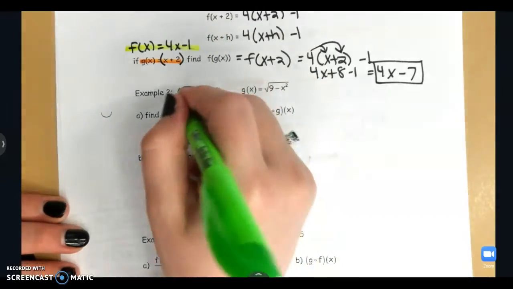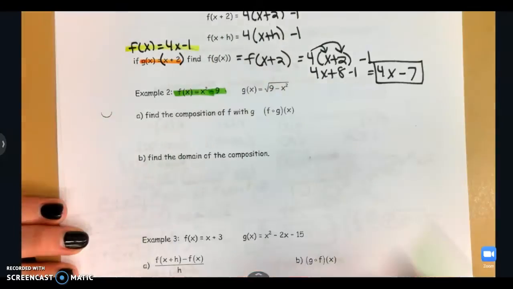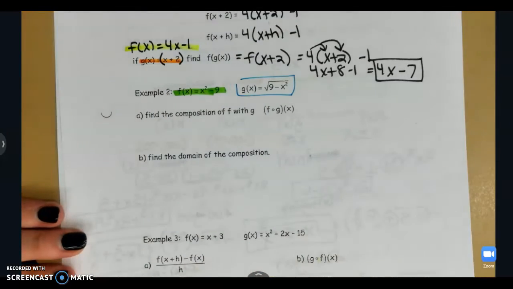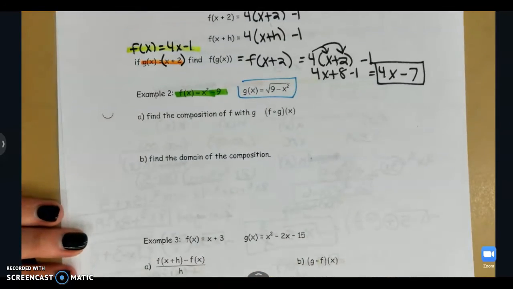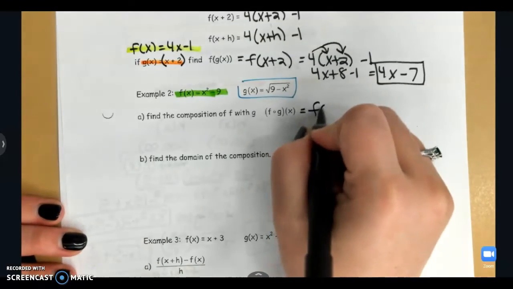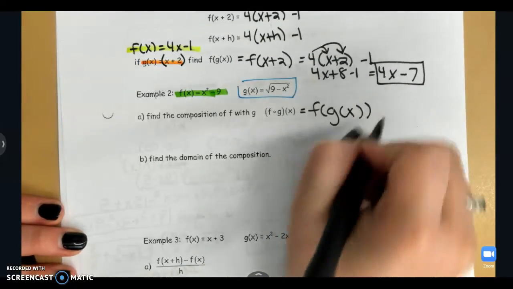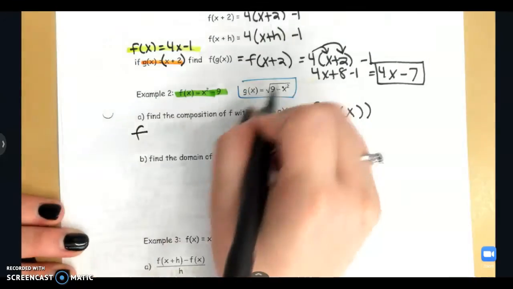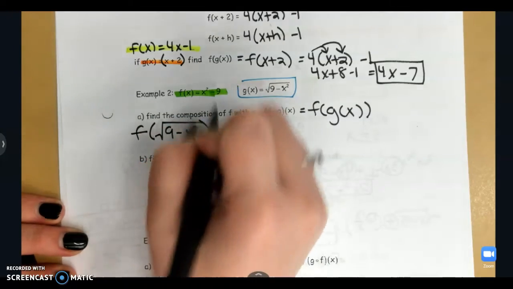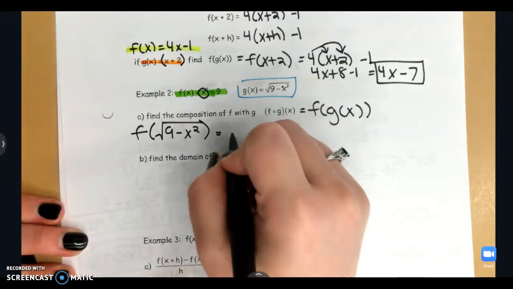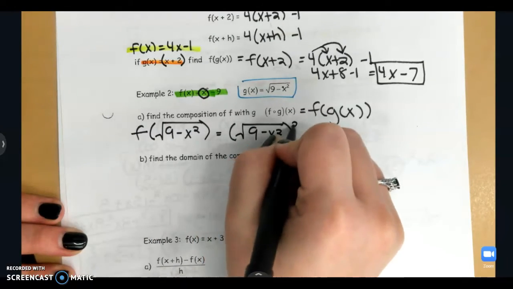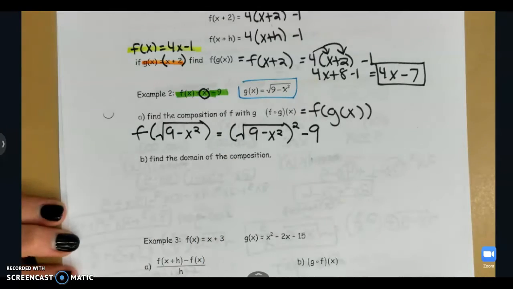Let's color code. I'm going to do green for f and blue for g. So find the composition of f for f of g of x. So again, that's f of g of x. So I'm going to find f of, my g of x here is 9 minus x squared. Wait, in place of x I'm going to plug in the square root of 9 minus x squared, and I'm going to solve.